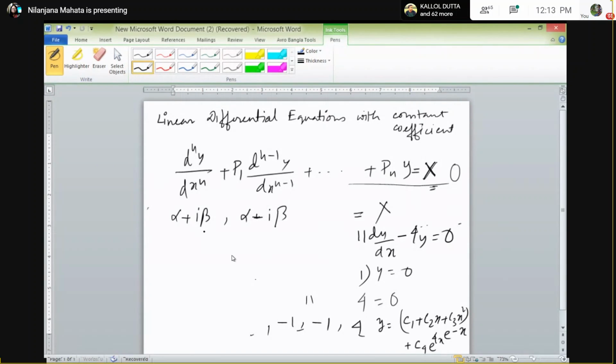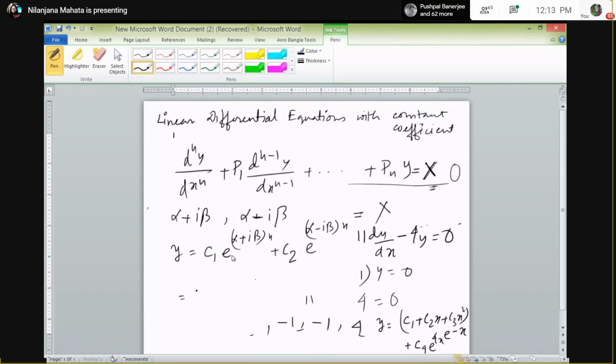So this is your imaginary part, and your solution was C1 e^((alpha + i beta)x) + C2 e^((alpha - i beta)x). Now you can simplify this.